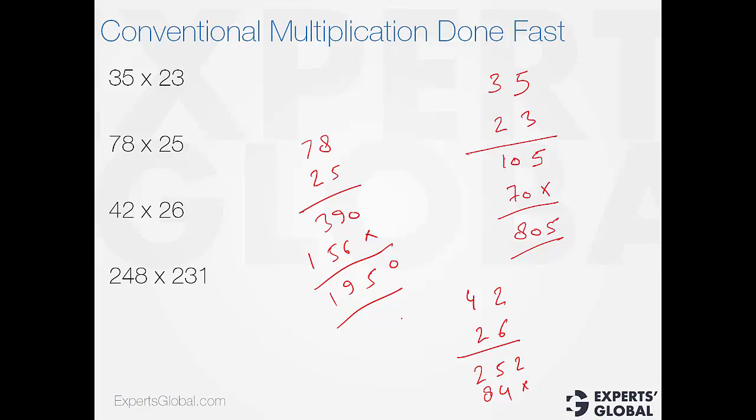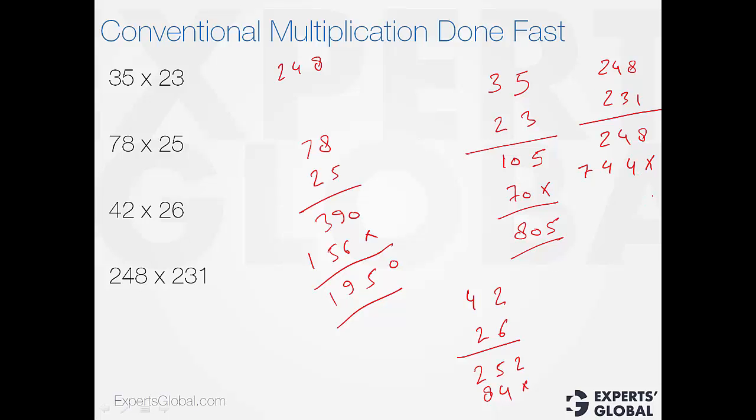248 into 231. So sometimes you can in fact do 3-digit numbers directly. 248 into, I would be falling short of space there, sorry. 248 into 231. So you have 248 coming here first, then you have 3 into 248. That may not be very straightforward for most of us.